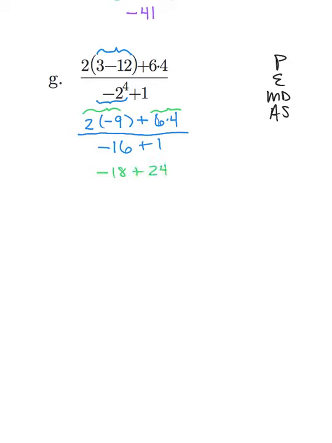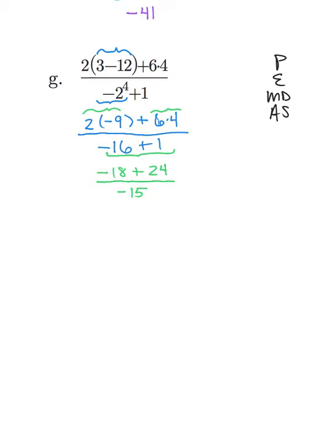Note that it wouldn't have mattered whether we had done it in this step or in the first step. We still would have gotten the same answer. Okay, so that takes care of the numerator. In the denominator, we can combine -16 and +1. Since they are different signs, we're going to subtract and keep the sign of the larger number. We get -15.